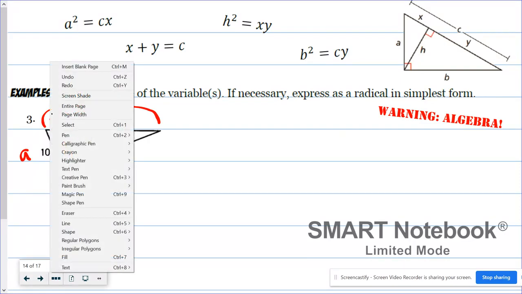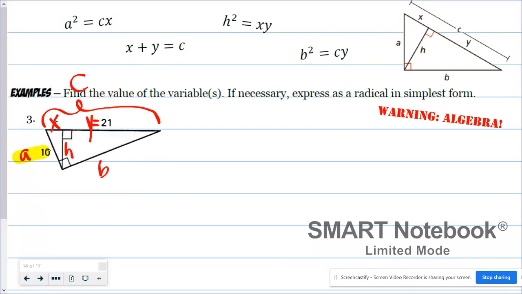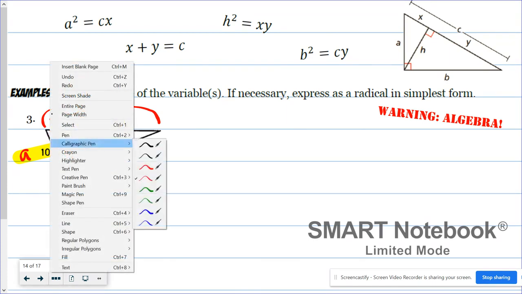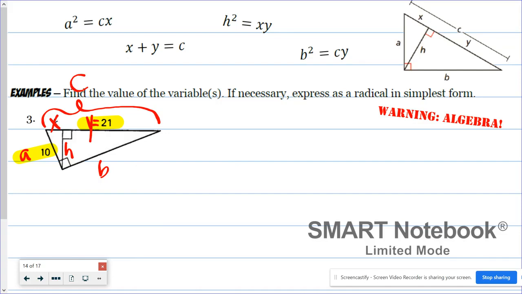Okay, and so what I realize is that I know leg A, I know segment Y, and I want to find, well, I'm calling it X. So one thing I need to realize is segment X plus segment Y is equal to the hypotenuse C. So I can say in this problem that C, the hypotenuse, is equal to X plus 21.